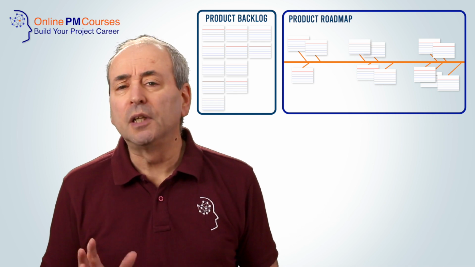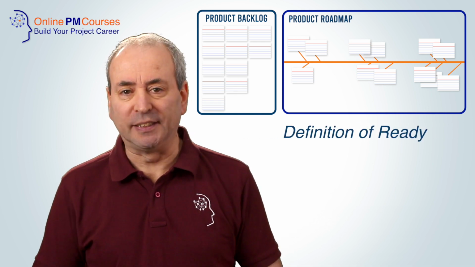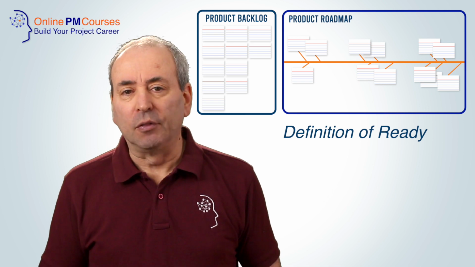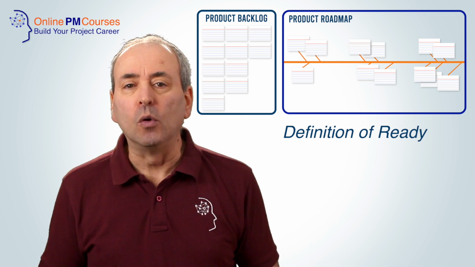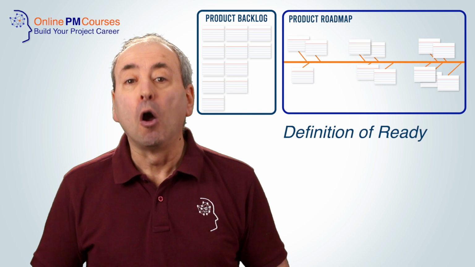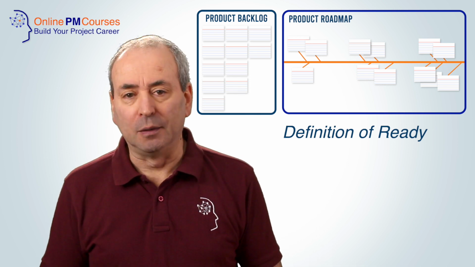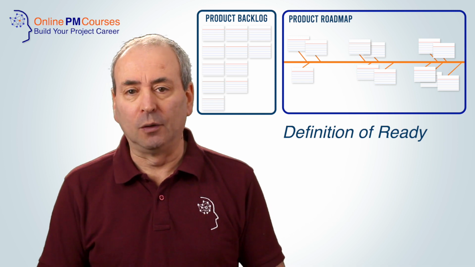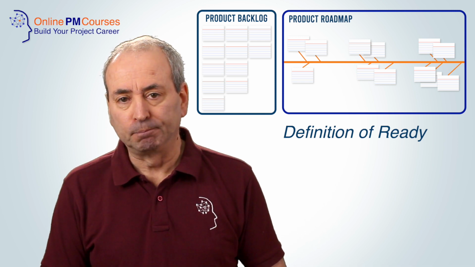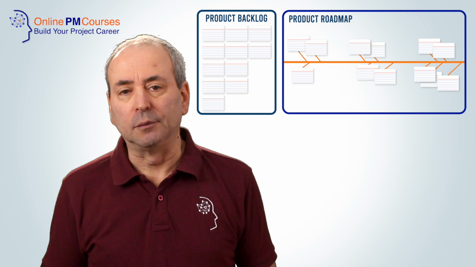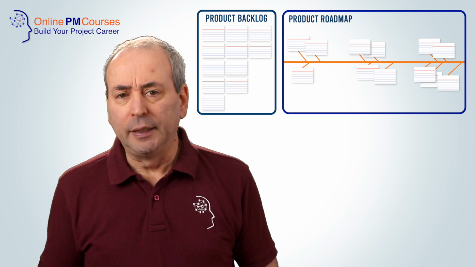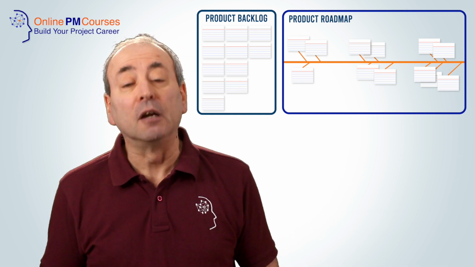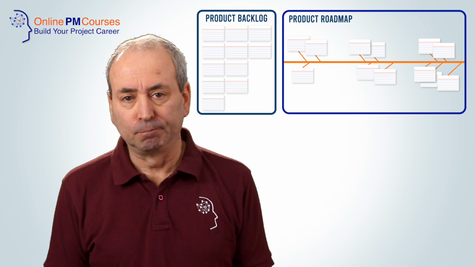The team may also develop a definition of ready, which sets out the conditions under which the team will consider a backlog item ready to move to development and therefore to the Sprint Backlog or the Team Backlog in Scaled Agile Framework. Long-term items on the backlog, however, need only have the briefest and roughest of information.